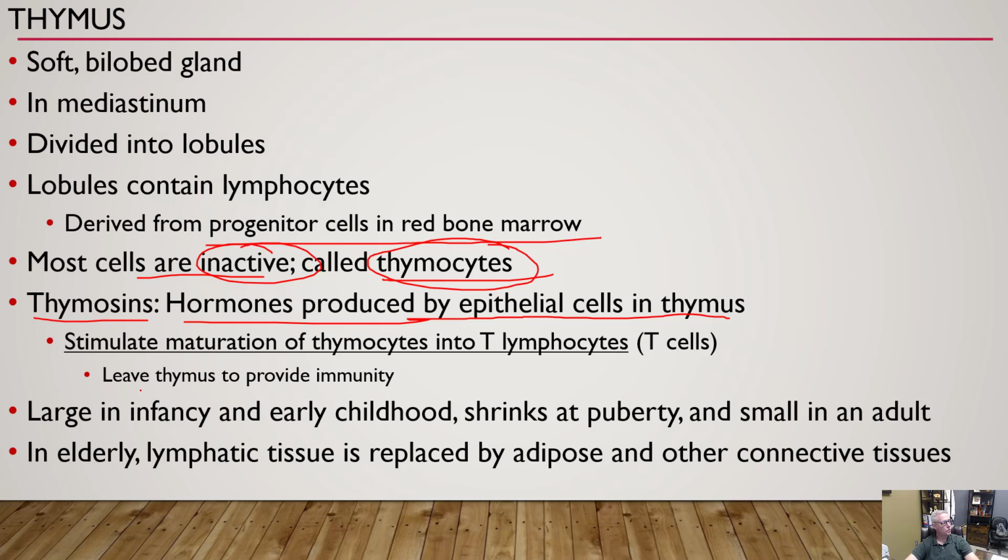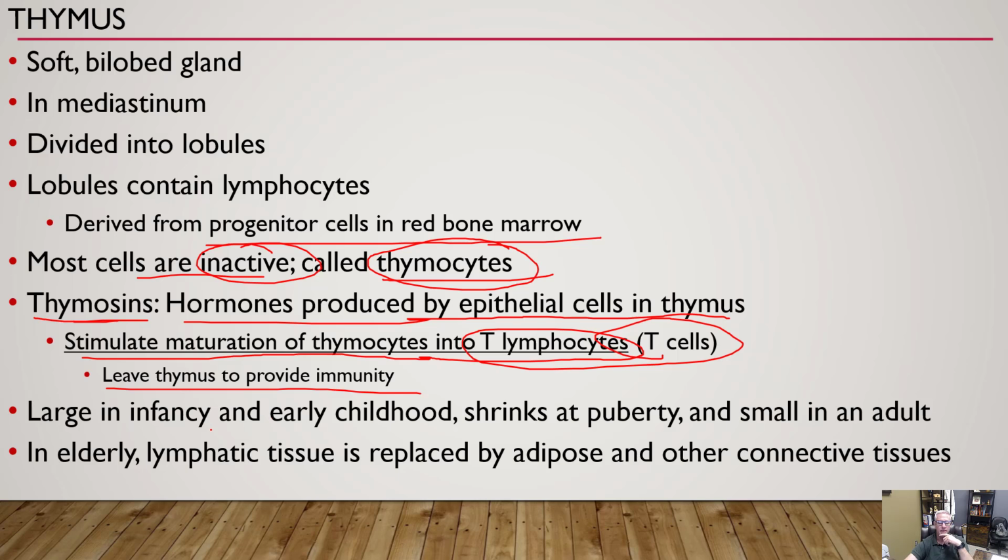Your thymosins are going to stimulate the maturation of thymocytes into your T cells or your T lymphocytes. And at that point, they're going to leave the thymus to provide immunity.